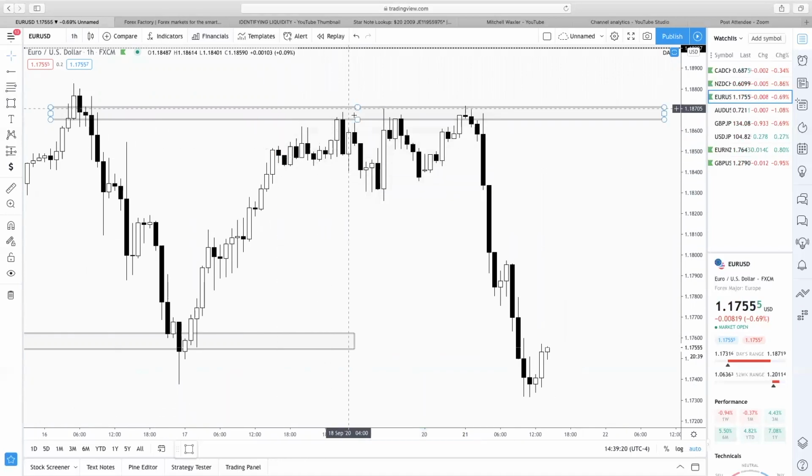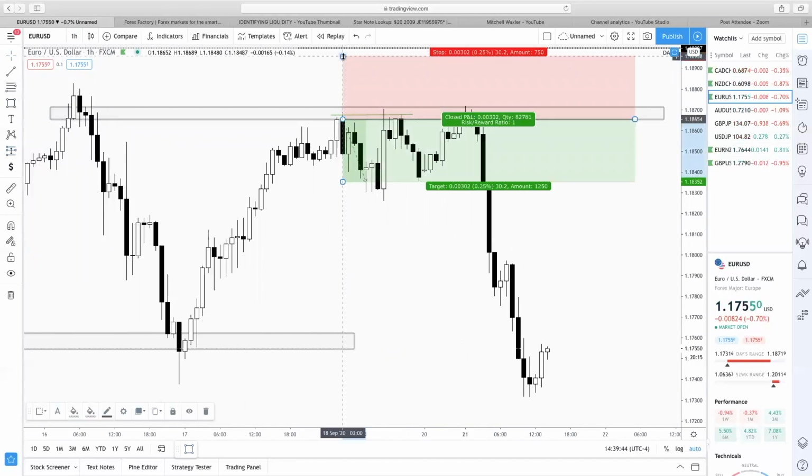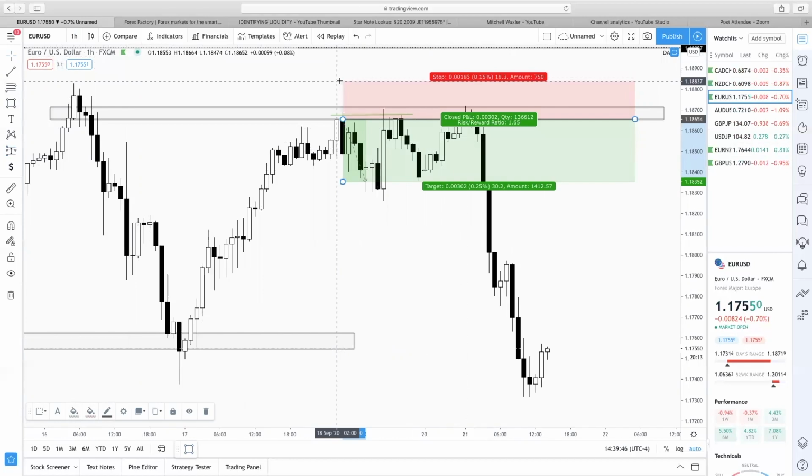If you look at this consolidation area, you could simply identify that we have relative equal highs right here. Then the market came, and if you look at this wick, it just peeked over the previous high, but it never came above our institutional area. Guys, remember, when you're entering a position off of an institutional candle, your stop loss goes right above the previous high or previous low.